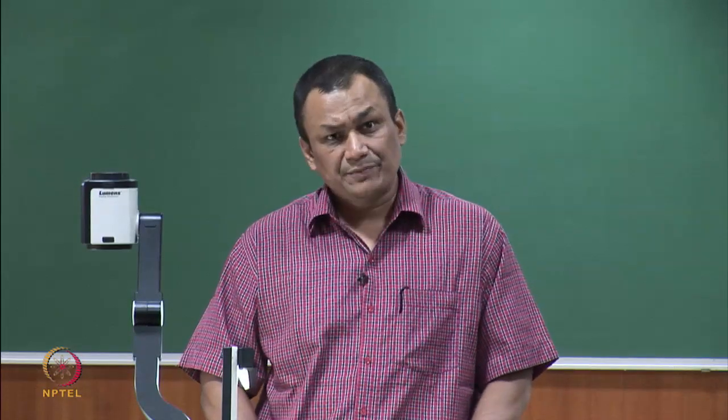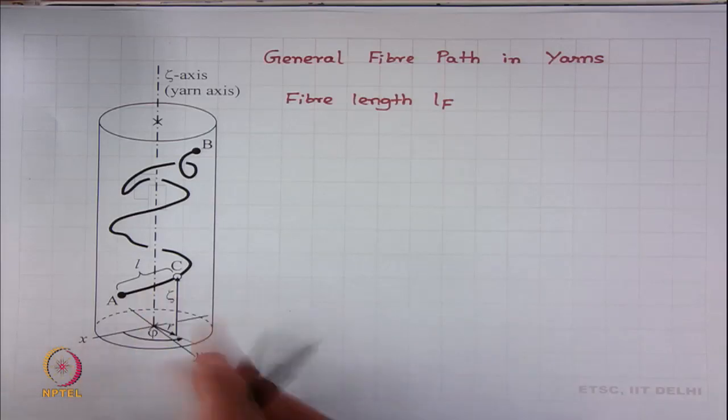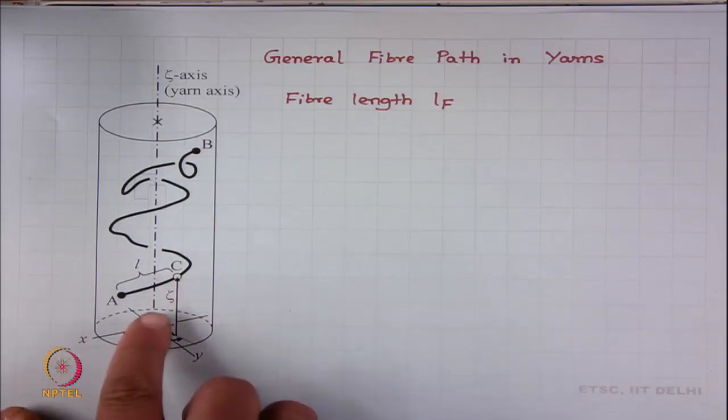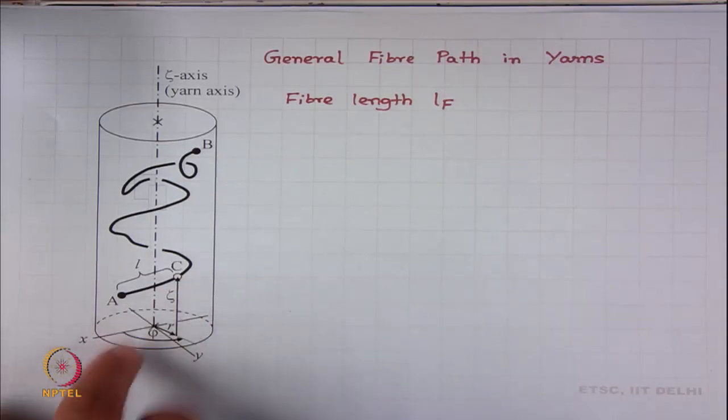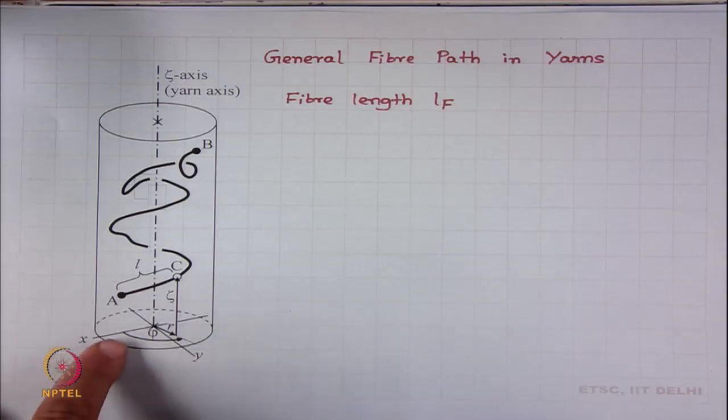Let us take a specific point C. This point has a length zeta along the zeta axis. From the yarn axis, we obtain a radius r, and from the x axis we obtain an angle phi.